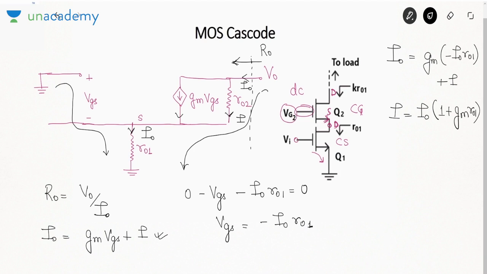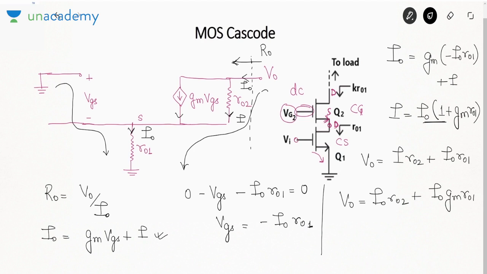Once I have this value, I can write V0 as I into R02 plus I0 into R01. I into R02 will become I naught R naught 2. I am putting this value of I, plus I naught GM R naught 1 R naught 2 plus I naught R naught 1.